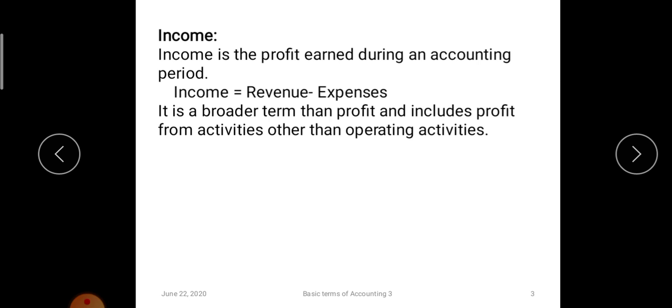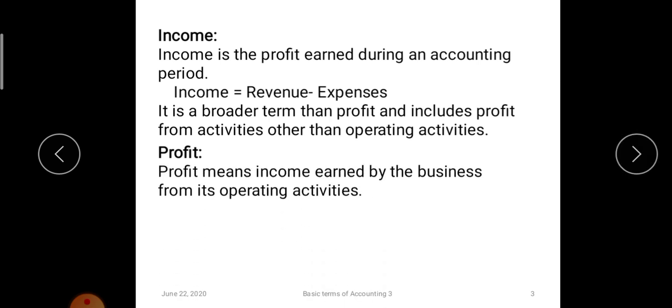Gain, there will be a term gain. Profit means income earned by the business from its operating activities. Income includes income from main operating activities as well as activities other than operating activities, but in profit, income earned from the operating activities only is included.